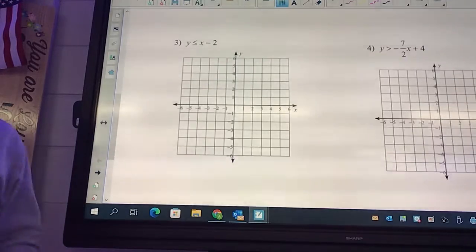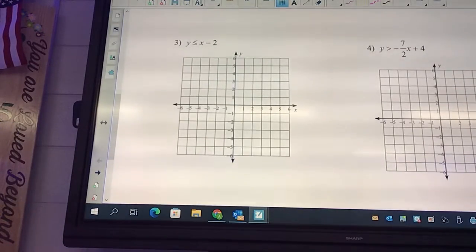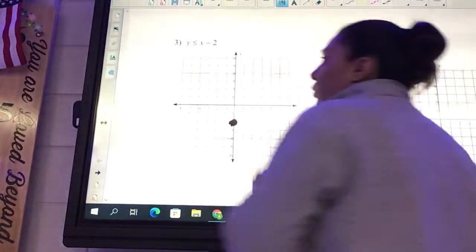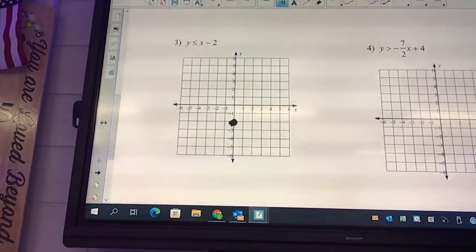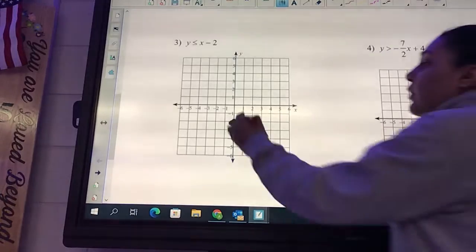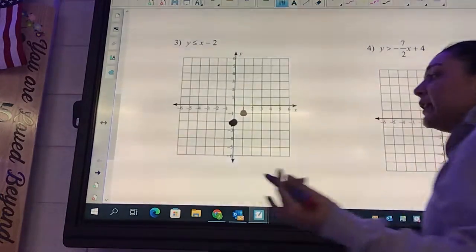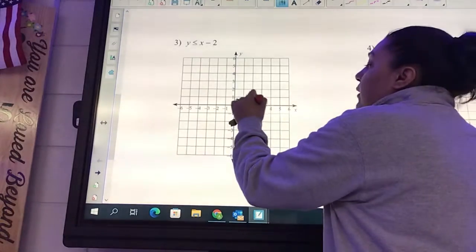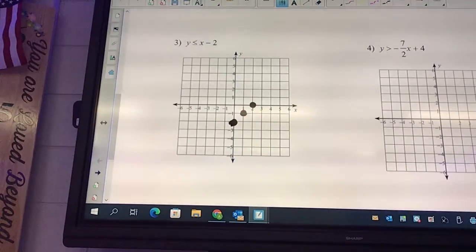So if we look at number 3, where does it start? -2. And our slope is what? 1. Okay, so you're going to go up 1 over 1. And you really only need, I would say, 2 to 3 dots. Okay? So is this going to have a solid line or a dotted line?